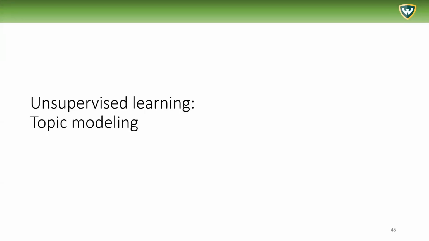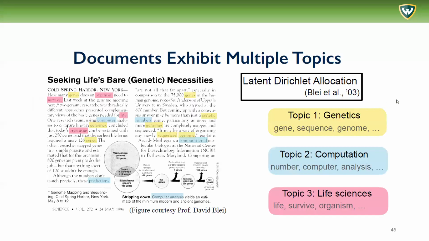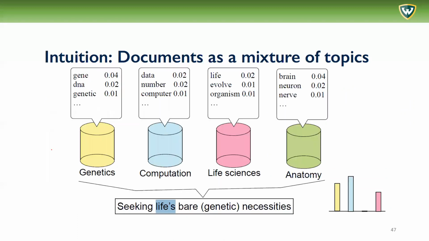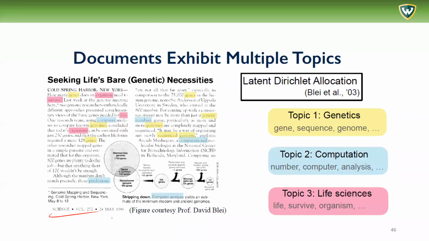Hi, everyone. Here we're going to be talking about unsupervised learning, and we're going to be talking about topic modeling as a kind of unsupervised learning. So let's recognize that when we have a document, such as a scientific article as shown over here, this document may have multiple topics.